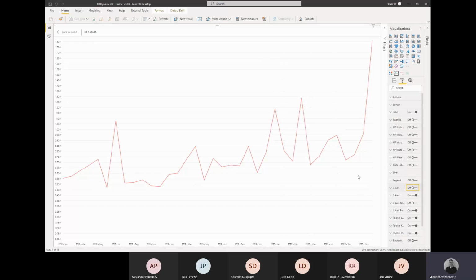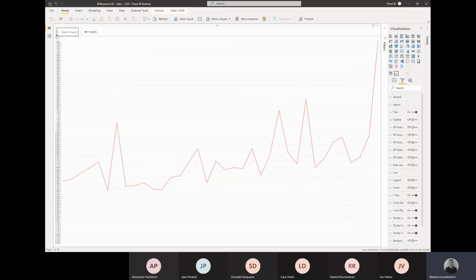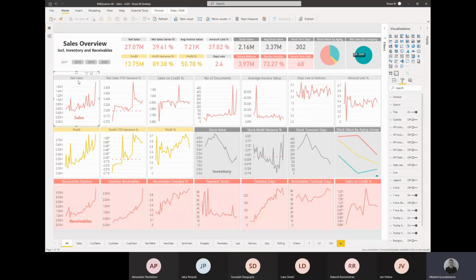I can put it away. Also, I can get this information if I come to the points and I can see, hey, the changes by November, December, January, it's a month. It's not a quarter, okay?